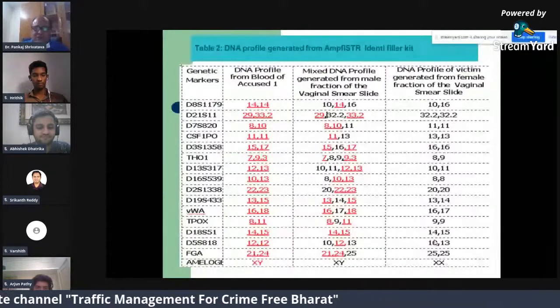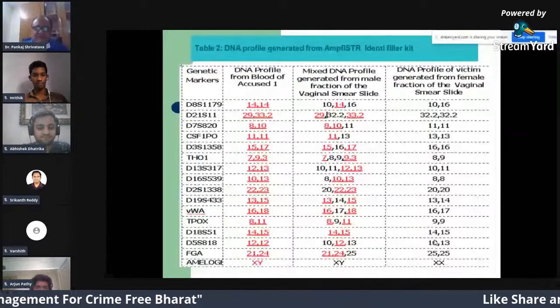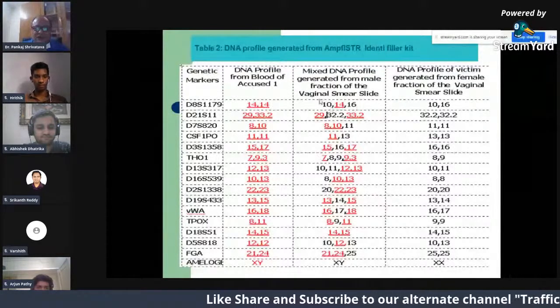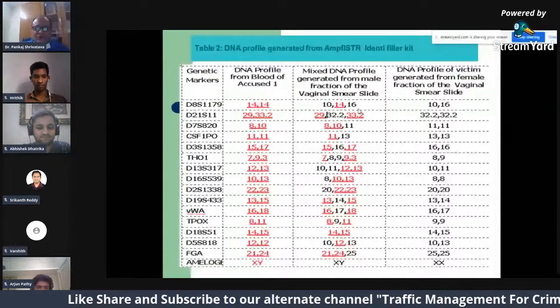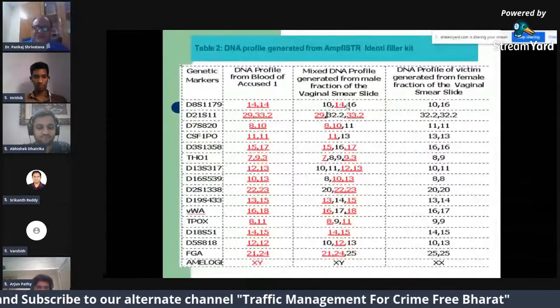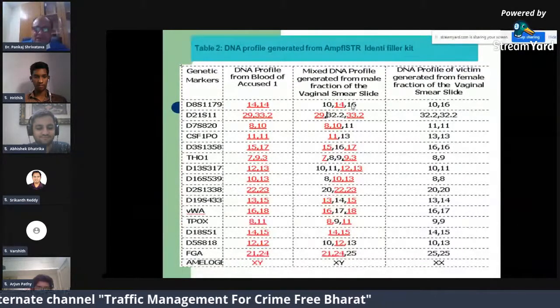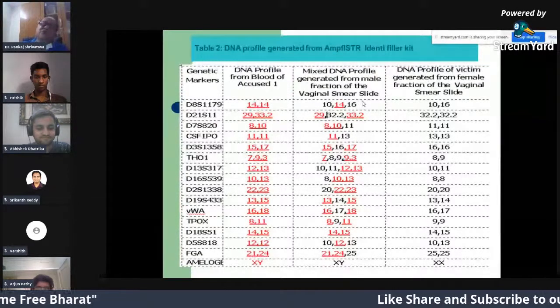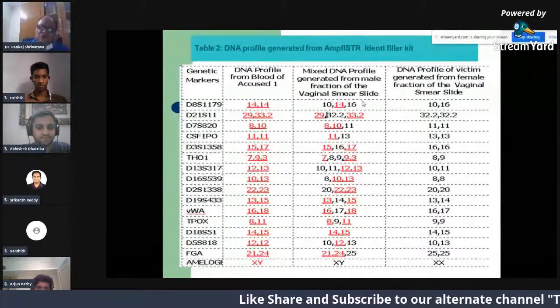If you are getting a mixed DNA profile, that means all the numbers at any particular point, like if you observe this point where you have 10, 14, 16, to whom will this profile belong?